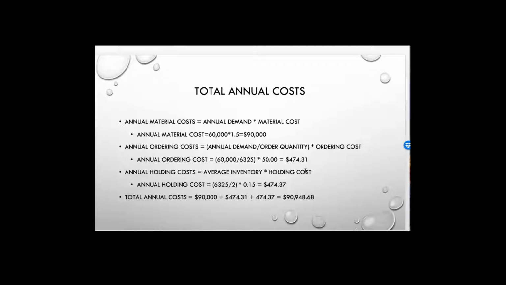So our inventory will go from 6,325 to 0, depleting at a constant rate. If you take the average of all those constant rates, it's always going to be right in the middle, which is 6,325 divided by 2. Does this make sense?